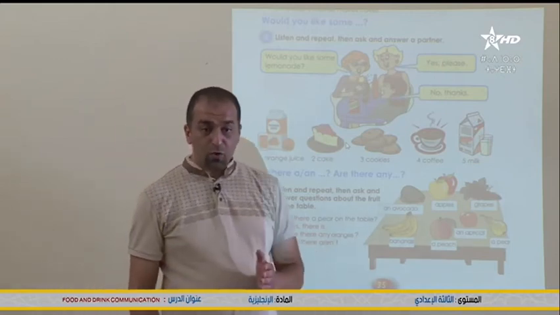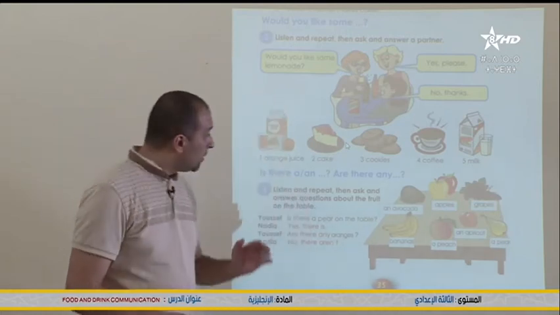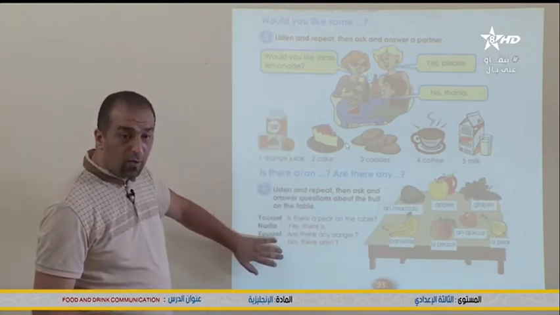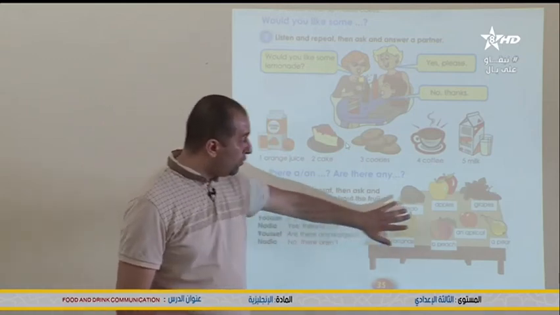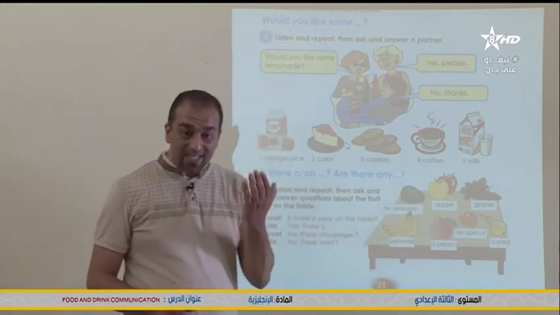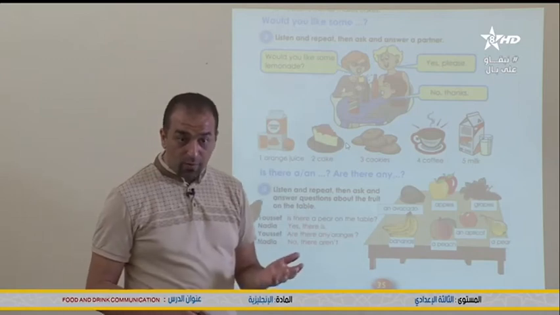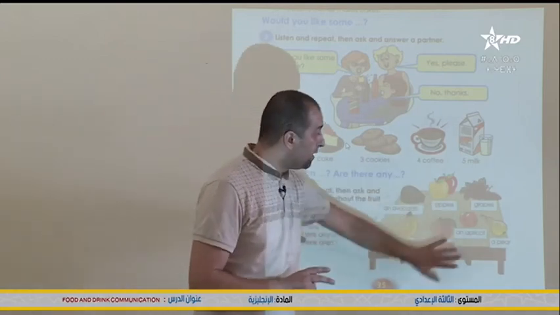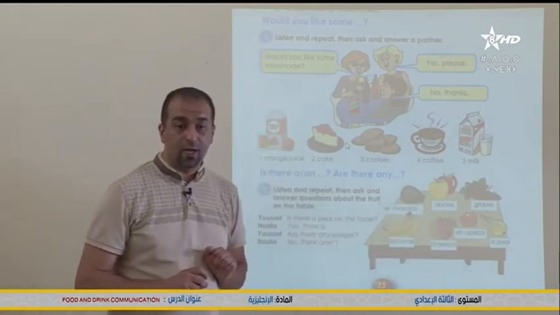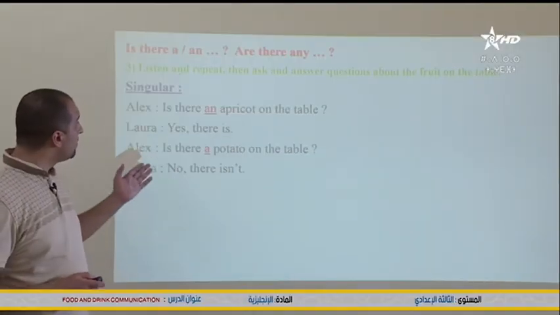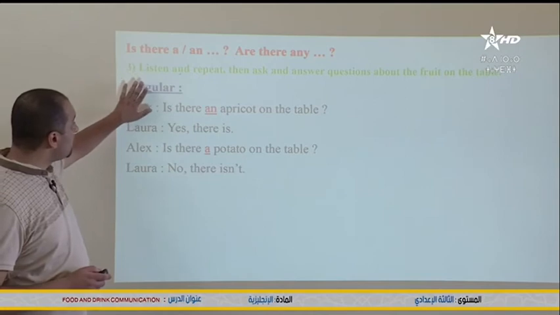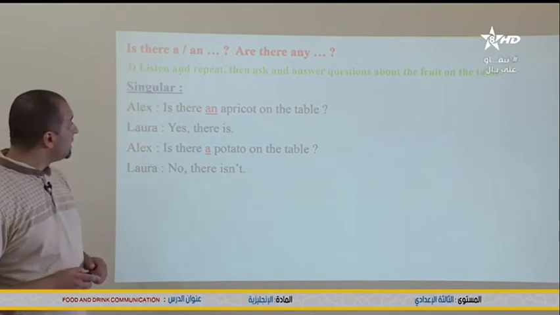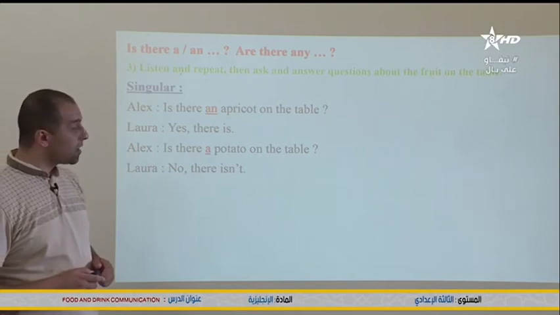Now, I'm going to show you my example. A dialogue in singular and a dialogue in the plural. Using fruits. And to say no, I used some vegetables because we don't have vegetables on the table. So this is my example in singular form. Alex and Laura. Is there an apricot on the table?